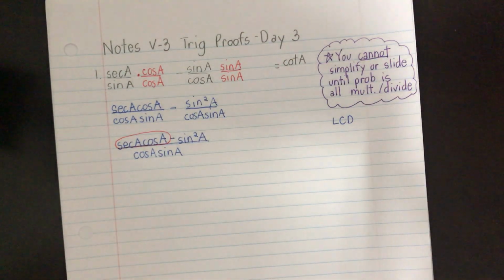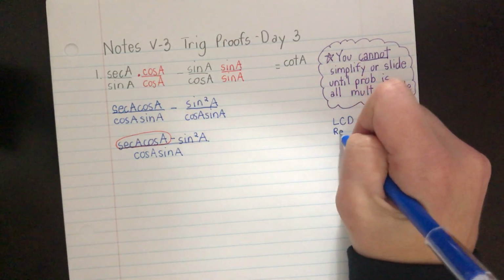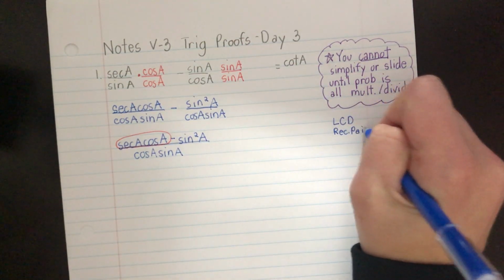Secant of A and cosine of A is a reciprocal pair, so that makes 1.